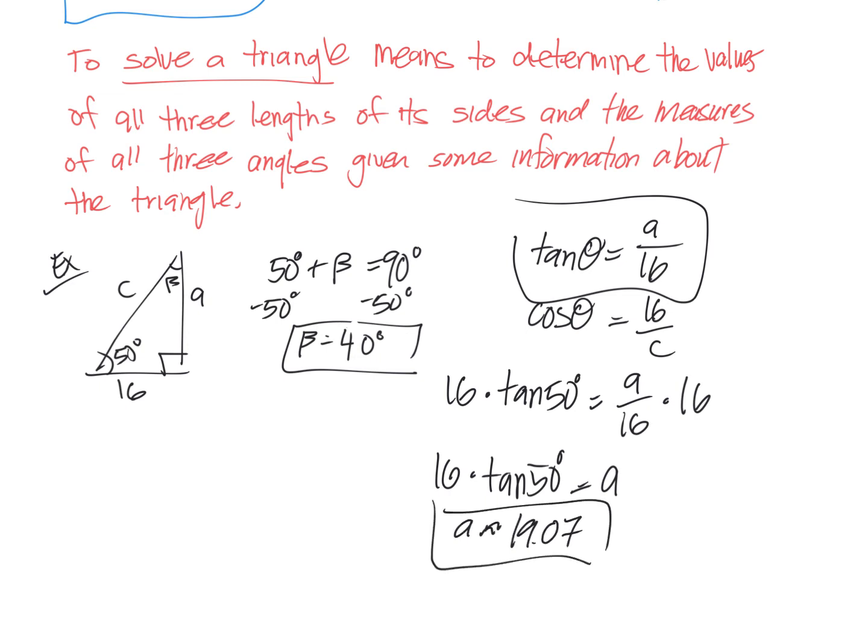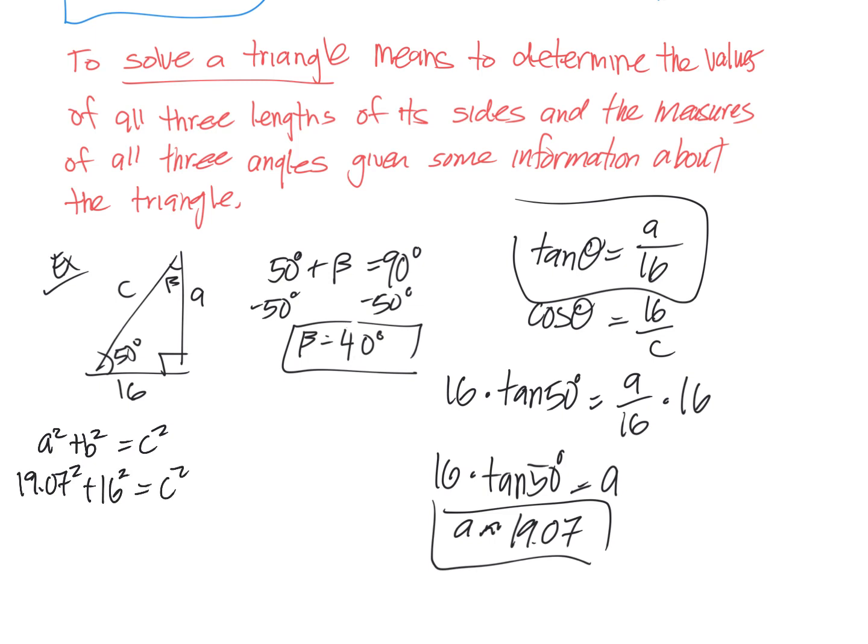So now we know a. We also have our angle beta. The only thing we have left to do is find our third side, c. Now we can definitely use cosine of theta is 16 over c, and solve for c. But a nice and useful thing is that because this is a right triangle, and only because it's a right triangle, can we use the Pythagorean theorem. a squared plus b squared equals c squared. a is 19.07. b is 16.